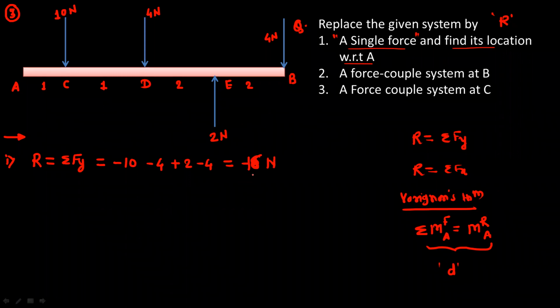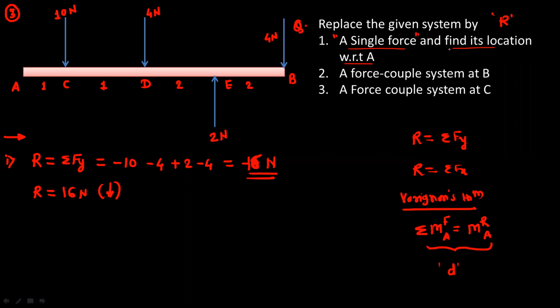So this is minus 16 Newton. So resultant R is minus 16 Newton. It means that 16 Newton force acts in the downward direction. So this is the resultant magnitude, and this arrow gives the direction of that resultant on the given system.